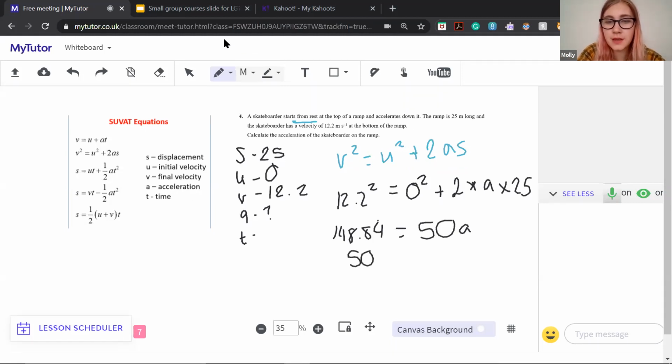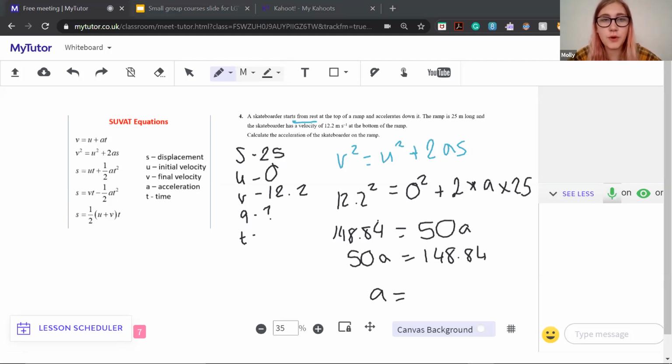Swap round the sides and divide each side by 50. 148.84 divided by 50 gives us 2.9768, or 2.98, let's go for, meters per second squared, because it's acceleration.